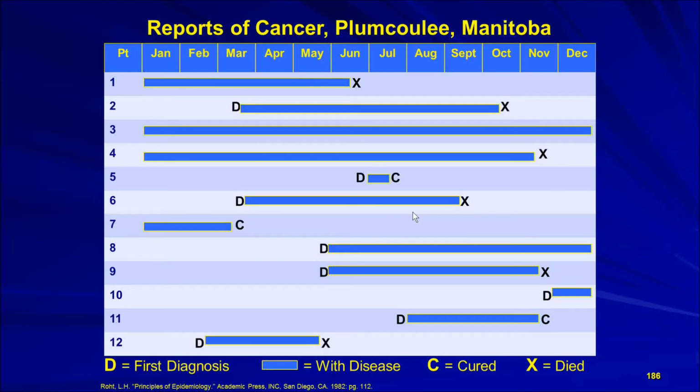Okay, I want to give you another problem, and this has to do with prevalence. We're going to calculate a prevalence rate. Now, I'd like you to focus on the top here because it's sometimes difficult to understand just how this operates, but you can see that at the beginning, this would be January 1, this would be February 1, March 1, April 1, and so on.